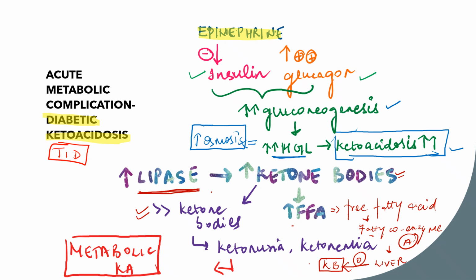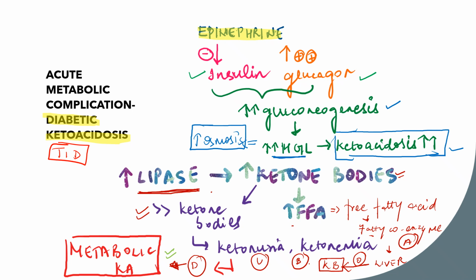Now this would then lead to ketonemia and ketonuria, that is increase of ketone in the urine and increase of ketone in the body. So that would then lead to dehydration. So when it leads to dehydration, there is a complete syndrome which is called metabolic ketoacidosis.